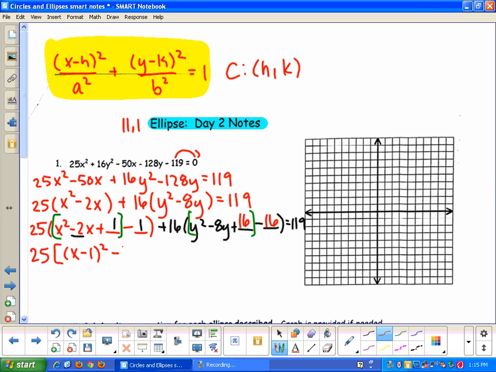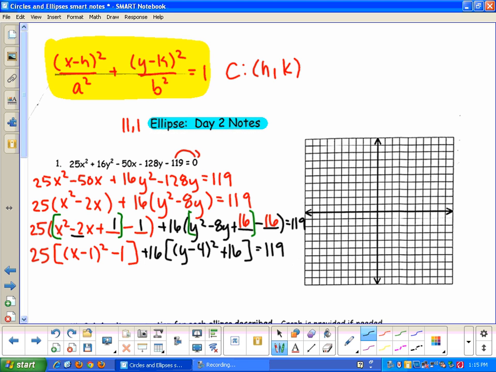Then don't forget we have minus 1 there. Then on the other side we have minus 16. And then when we factor y squared minus 8y plus 16, we get y minus 4 times y minus 4, which is y minus 4 quantity squared. If it helps you to write that step out, you're welcome to do that.